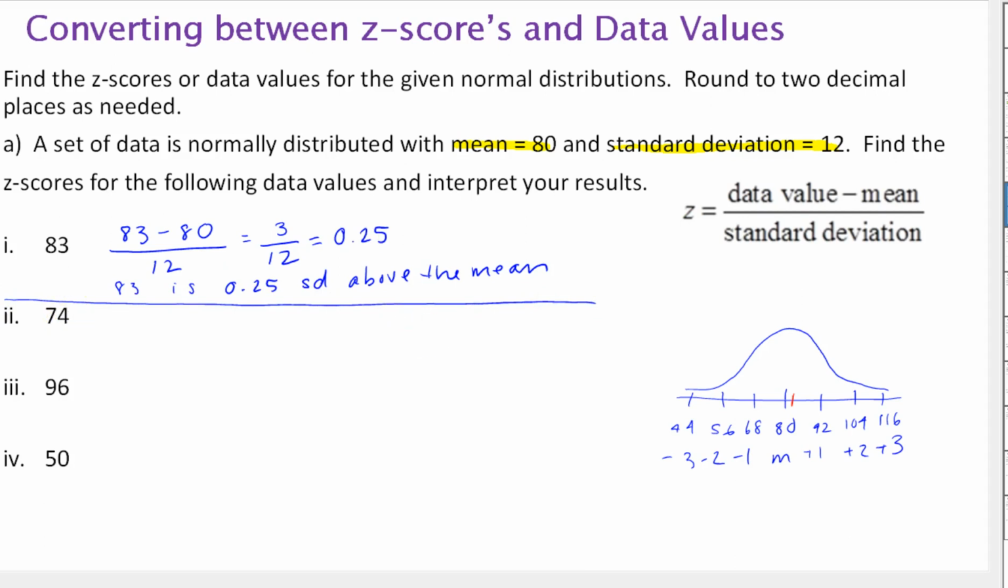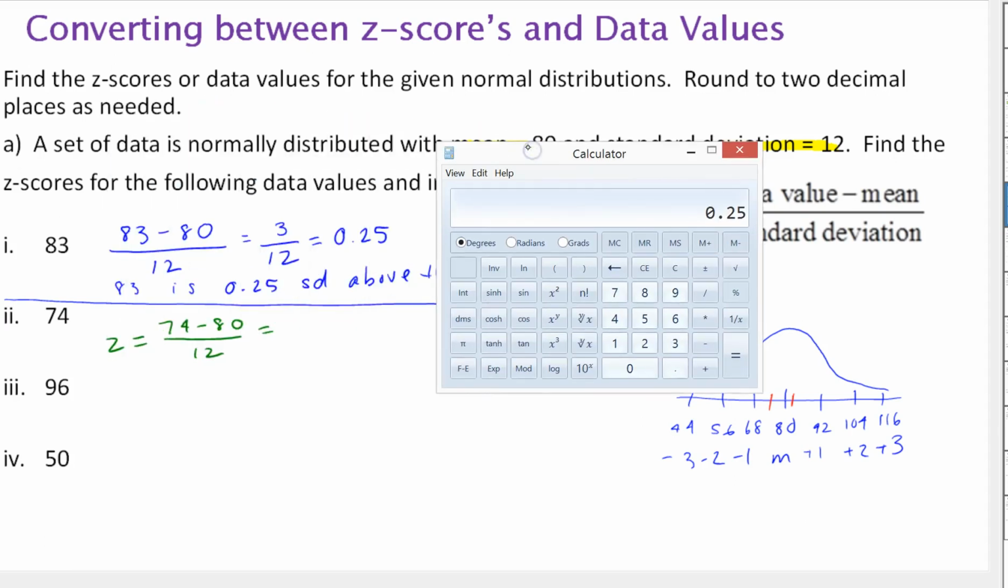So the next one, 74. Let's see where this is. Well, this is below the mean. It's in here somewhere, about there-ish. Again, I'm just getting a feel for it. So z-score for this equals 74 minus 80 divided by 12. Let's do this whole thing on the calculator, just so you know for when the numbers don't come out so nice. Make sure you either subtract first, hit enter, and then divide, or you can put it in parentheses. So 74 minus 80, close parentheses.